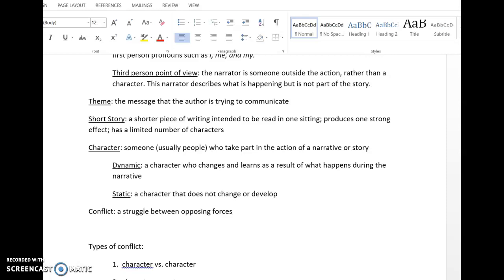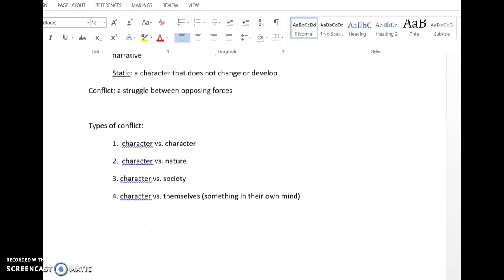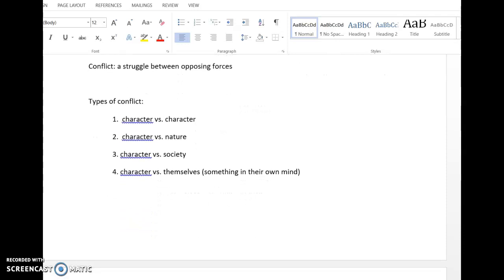A conflict in a story is the struggle between opposing forces. We talked about that with Touching Spiritbearer a little bit, so this kind of goes back to the beginning of the year. There's 4 types of conflict that can happen in a story. Character versus character. So, for example, in Harrison Bergeron, we've got a character that is the sort of government figure in the story that's trying to capture Harrison.